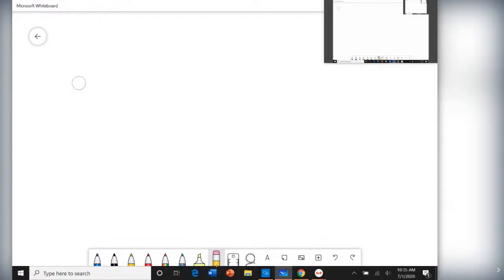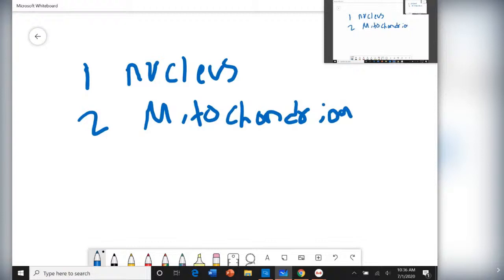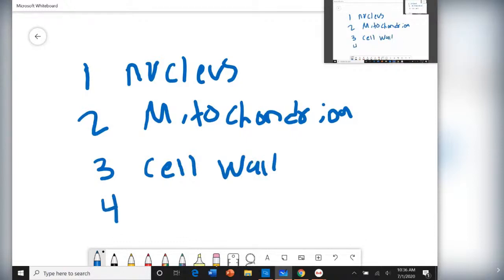So 1 is the nucleus. 2 is the mitochondrion. 3 is cell wall. 4, cell membrane.